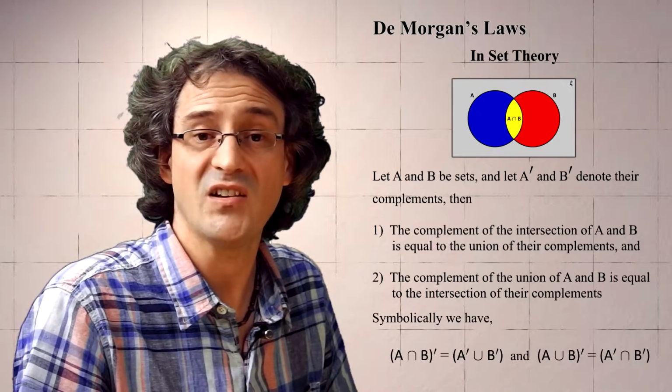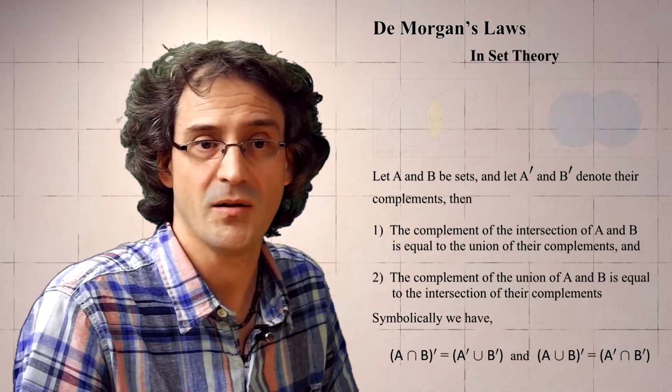This then gained him the support from the English logician Augustus de Morgan, who is famous for his so-called De Morgan's laws, used in both set theory and propositional logic.